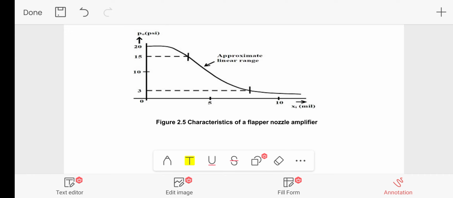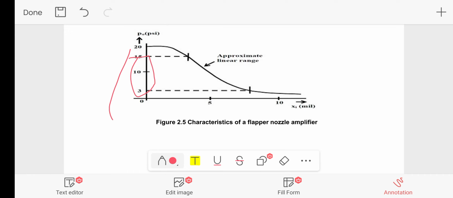This is a flapper nozzle amplifier. Suppose we put 3 to 15 psi as the output. Suppose the flapper is away from the nozzle.